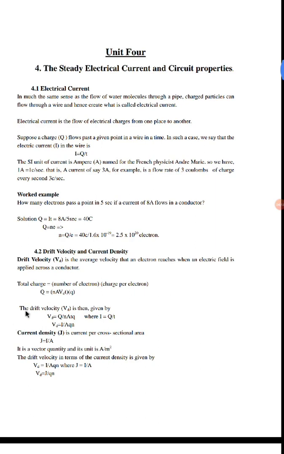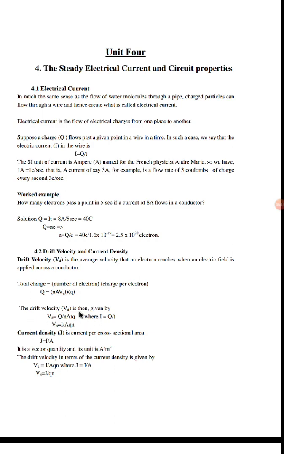For the formula, the total charge is equal to the number of electrons times the charge per electron. That means Q equals N times A times Vd times t times q. N is the number of electrons per volume, A is the cross-sectional area, Vd is the drift velocity, t is the time, and q is the amount of charge.